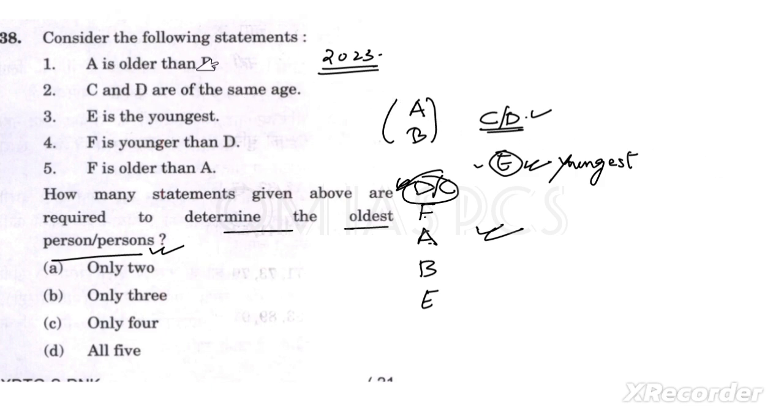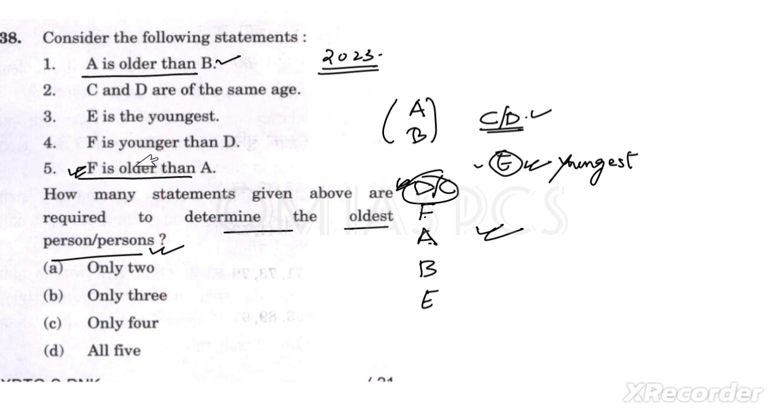So A is older than B. If you remove this one, clearly you can see A is older than B. This statement is connected to statement 5, F is older than A. So if you remove this one, it will be difficult to understand which one is older than A. It will be difficult to represent this.